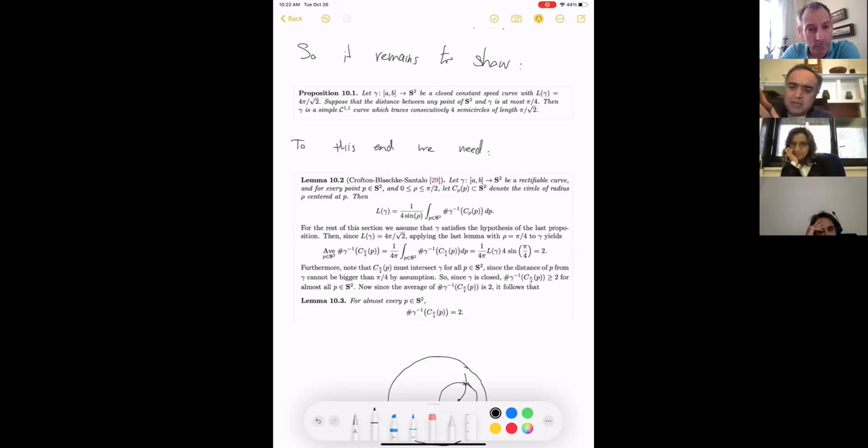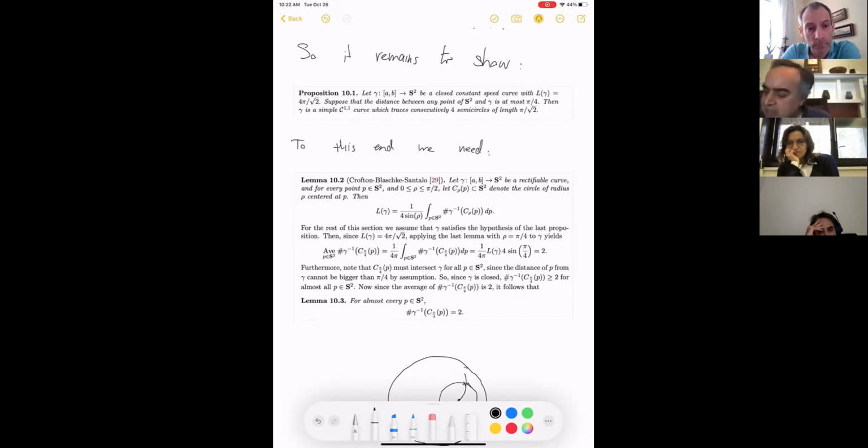Now that formula can be generalized. Instead of looking at great circles, you can look at the circles of some fixed radius, smaller than the radius of the great circle. This curve that you have is at constant distance radical 2. So all these circles are traveling on your sphere, but they're not great circles anymore.